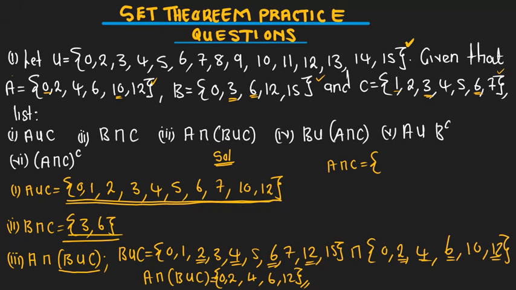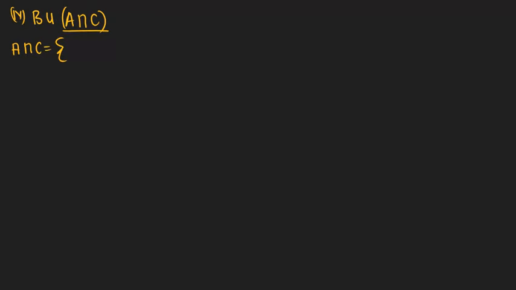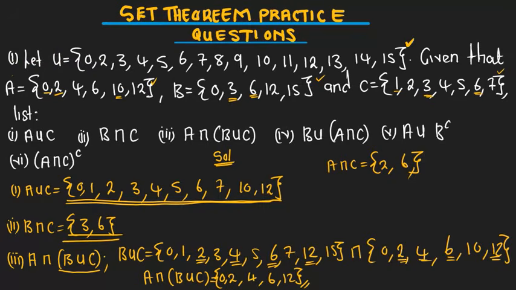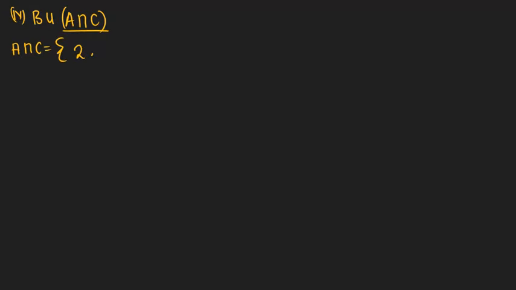So we have a 0. No 0. 2. Okay, 2 is there. 6 is there. 10, not there. 12, not there. So basically, this is our A intersection C. Please, that is A intersection C. So it's 2, comma, 6.